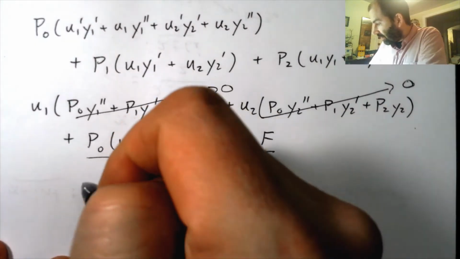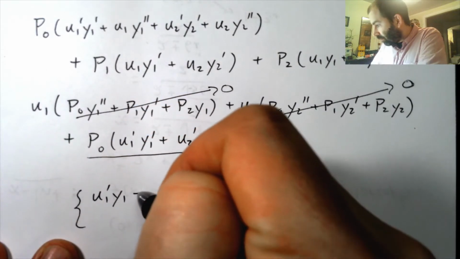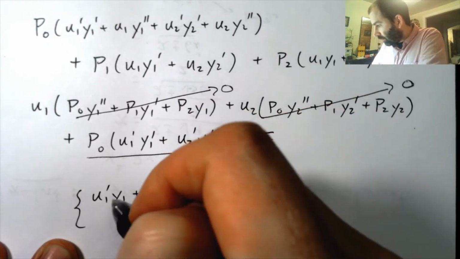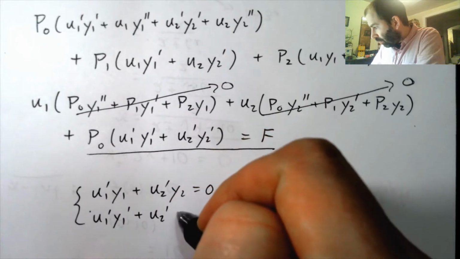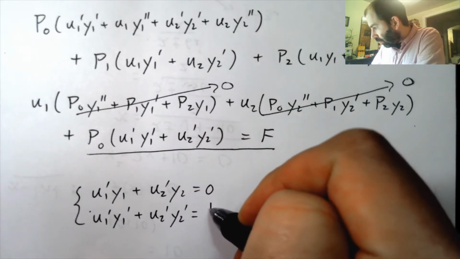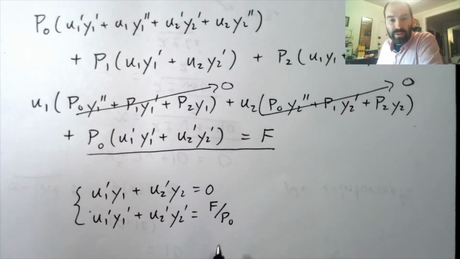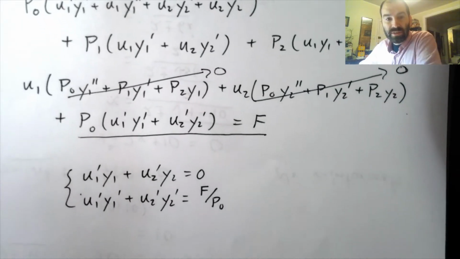So let's write these down together. Where I've divided both sides by p0 over here. Okay, so now we have a system of two equations.